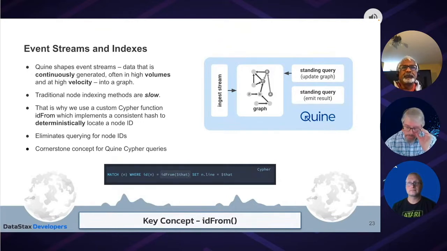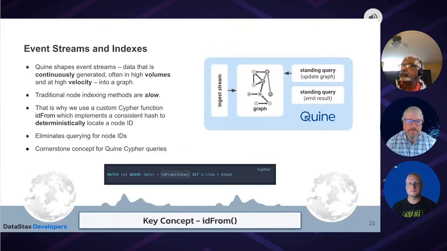To do that, we had to rethink the way that we approach indexing inside of the graph itself. Traditional indexing, where every node gets a sequential index or something like that, means you have to go look for the node and then get the index for the node. You can't just know where the node is going to go to be indexed inside of a graph.